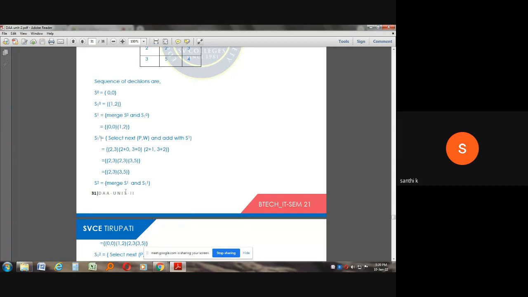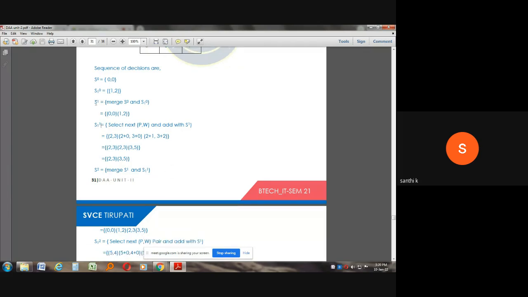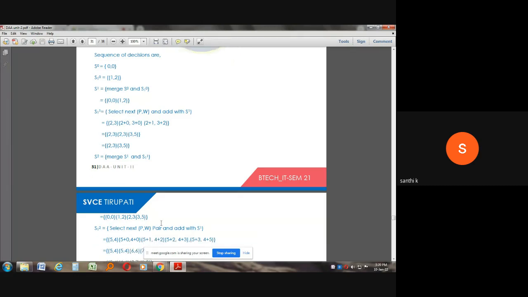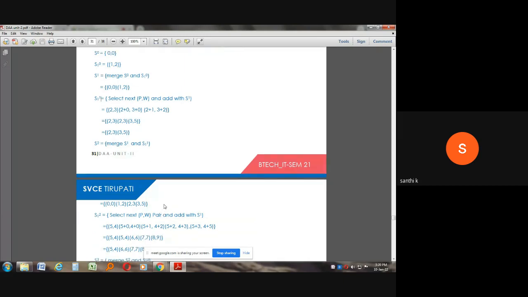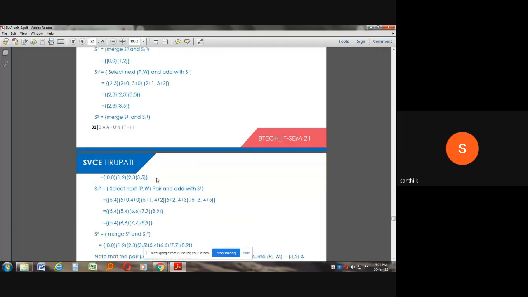We have to merge the last two sets. So S^2 will be (0, 0), (1, 2), (2, 3), (3, 5). So there are 4 tuples in S^2.